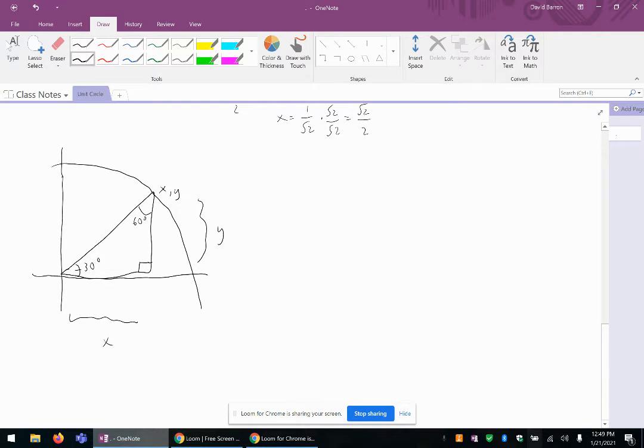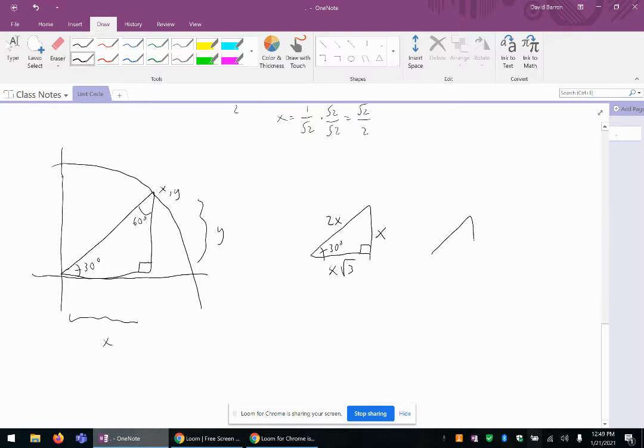Well, someone noticed thousands of years ago, a lot of the information in this class is many, many thousands of years old, that if I have a 30-degree right triangle, the length of the opposite side is always half the length of the hypotenuse. And the adjacent side is always the length of the opposite side times the square root of 3.